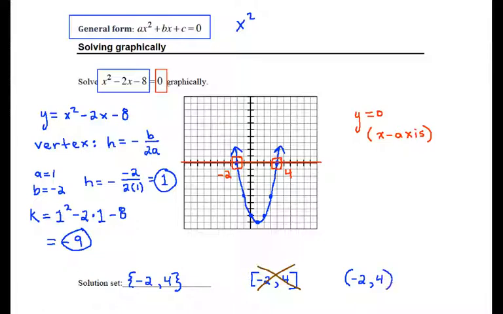That could either mean, again, the interval of values between negative 2 and 4, not including the endpoints, or it could mean the ordered pair negative 2, 4, where negative 2 is an x and 4 is a y. But these are both x values, so that's not correct either. These set braces really mean a list of values. Just the values negative 2 and positive 4 are in this set.